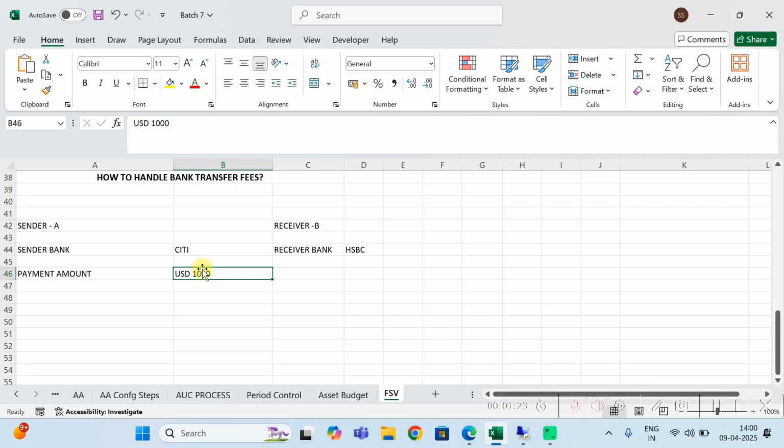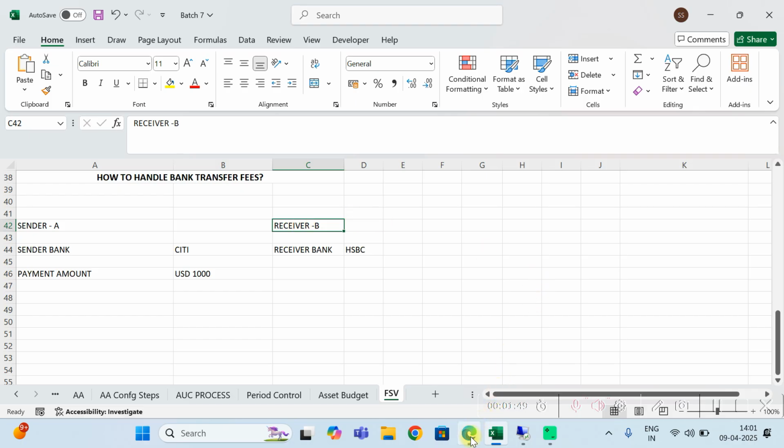Now, whenever sender A is sending money and receiver B is receiving the money, it depends on what code you are sending or what format you are using. In SAP terminology, we say file format. Based on the file format, you have different codes.